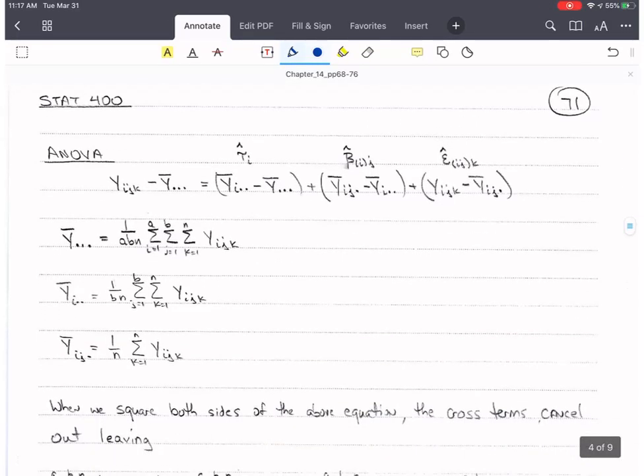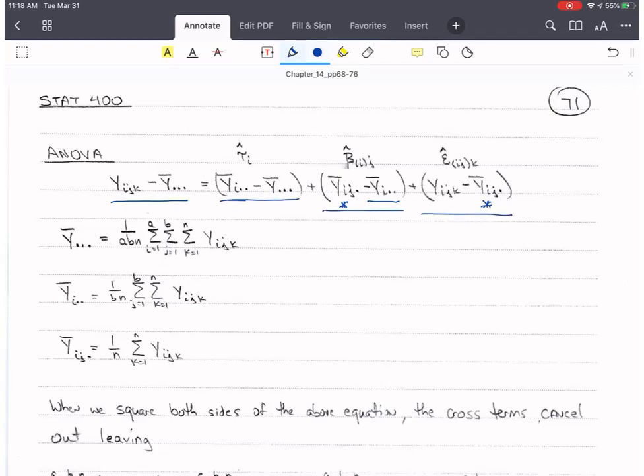Now let's talk about analysis of variance. I can take the difference between an observation and the overall sample mean, and I can add and subtract yi dot dot bar, and add and subtract yij dot bar. By grouping this cleverly, I have three terms.